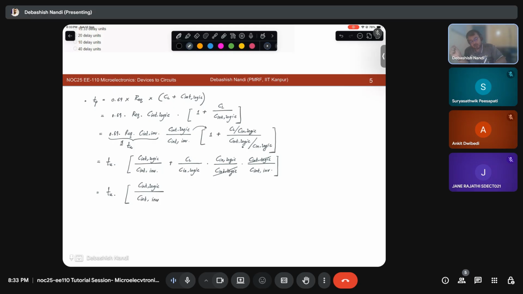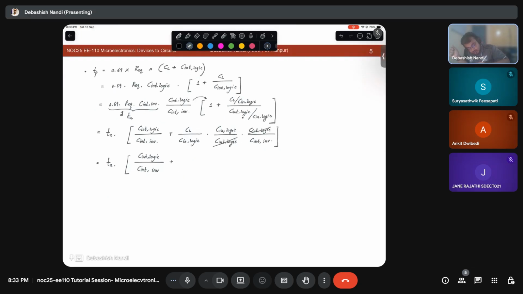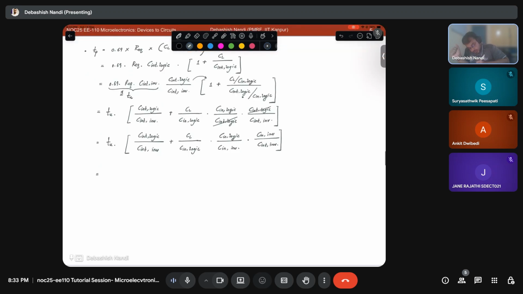This is C internal logic by C internal inverter plus CL by C in logic, C in logic by C in inverter times C in inverter divided by C internal inverter. So this is TU.